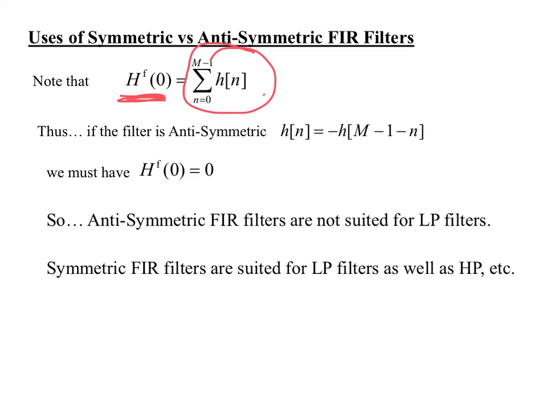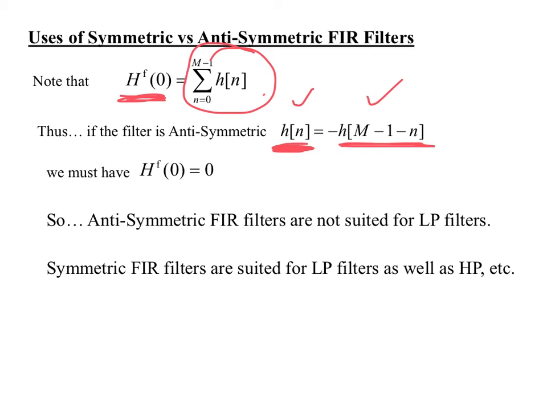Now, if the filter is antisymmetric, that means that for every value h of n, there's another one that is the negative, except for the case where the pairing ends down to a single one in the middle, which we said had to be equal to 0. So if we sum all these things up, that one in the middle that has to be 0 has no contribution, and the pairs cancel each other.